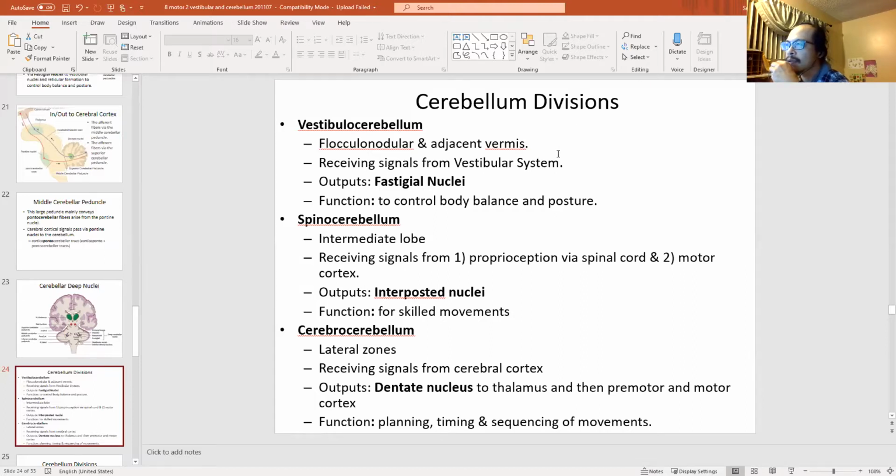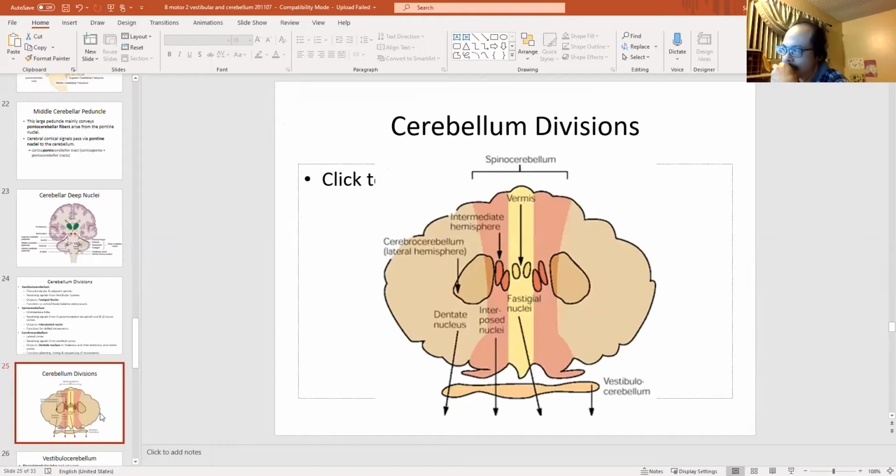All right, so these 3 divisions each have their own region in the cerebellum. Let's look at this picture first. You can see that we have 3 different colors, and basically three different zones.